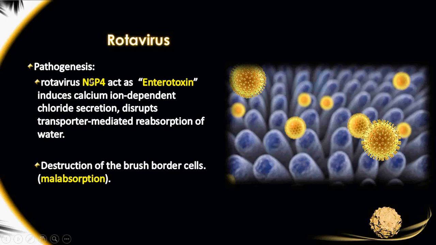In addition, the viral non-structural protein known as NSP4 may act like an enterotoxin. That's to say, it may prevent reabsorption by inducing calcium ion dependent chloride secretion, in addition to blockade of the transporter-mediated reabsorption of water.